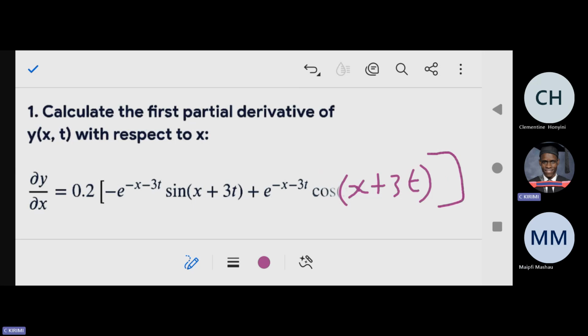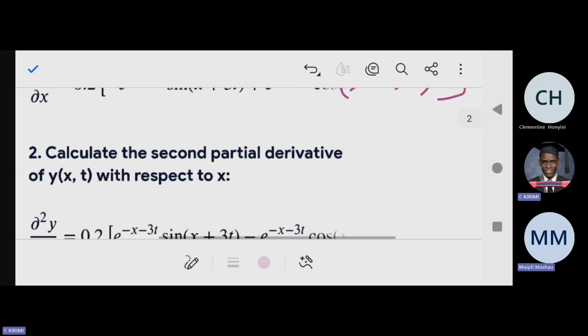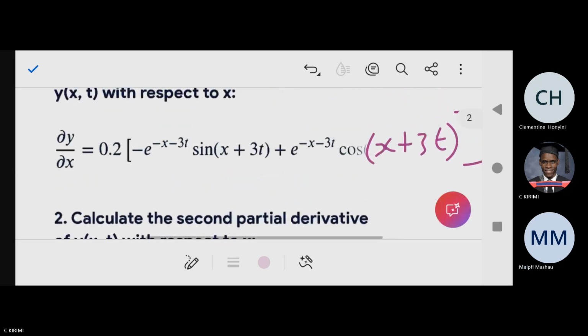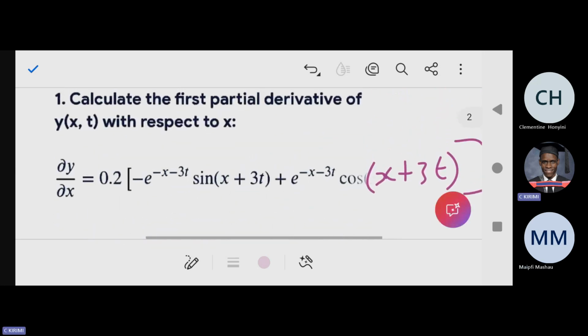All right. So they are differentiating with respect to t. Then at the end, are we getting the same answer? If you differentiate y with respect to x, t is a constant.